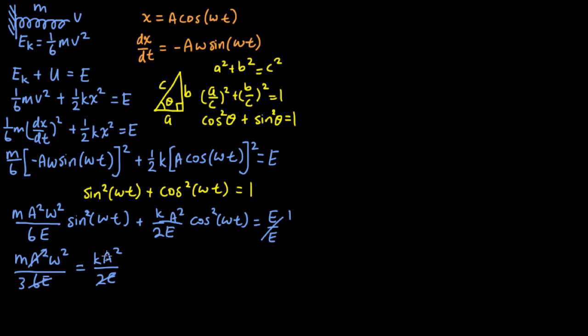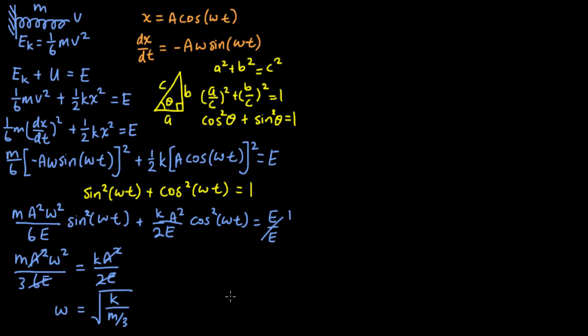The a squares cancel out. So omega equals k over m divided by 3, and there's a square root. So we see that the angular frequency for a spring with mass m is the square root of k over the mass divided by 3.